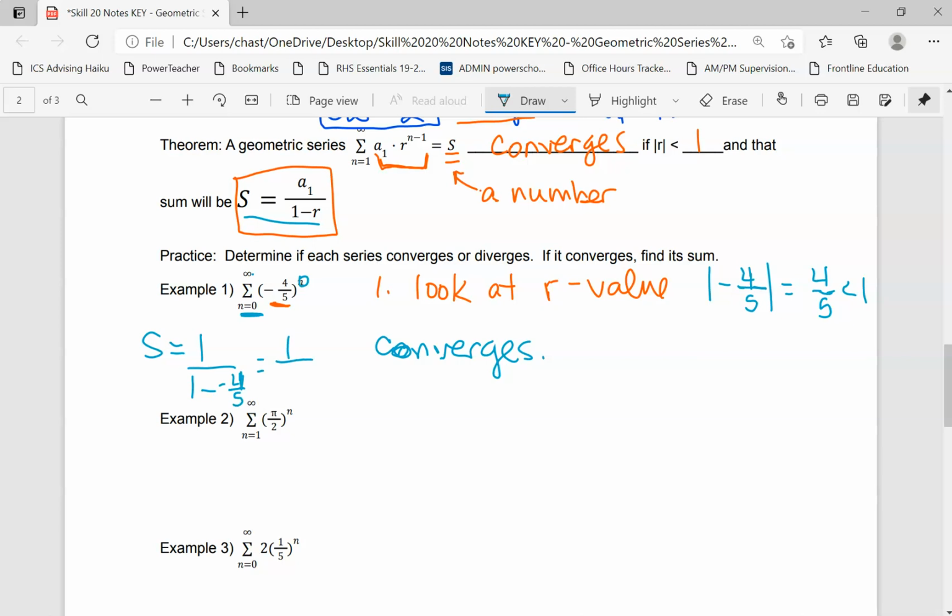So that's going to be 1 over 1 plus 4/5. So that's going to be double negative. So 1 plus 4/5, 1 and 4/5, common denominator, 5/5. That gives us 9/5. And 1 divided by 9/5 gives us 5/9. So it converges to the value 5/9. That's going to be the sum. Okay.